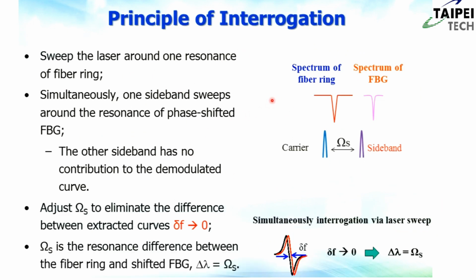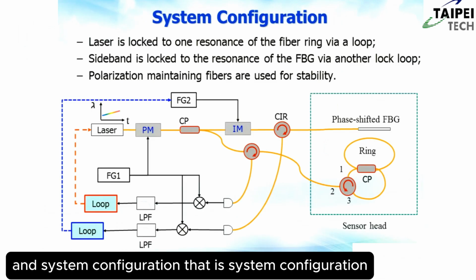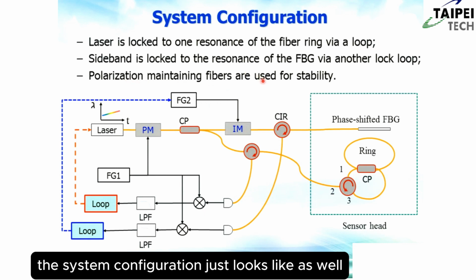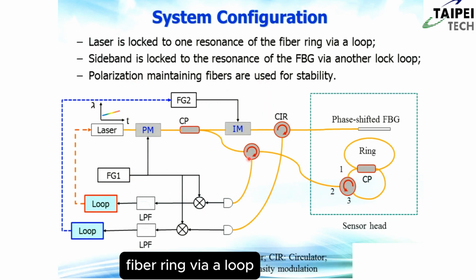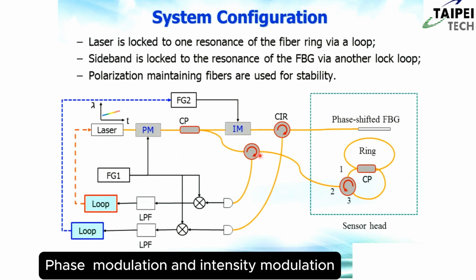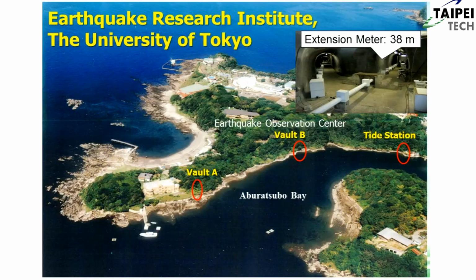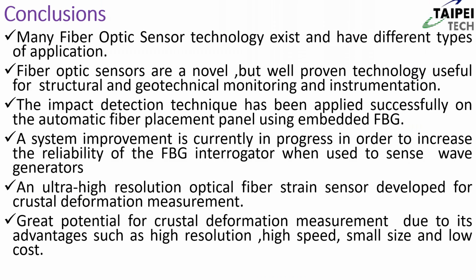The principle is, as we have observed, the spectrum of the FBG and the spectrum of the FBG ringing. There is also the system configuration, where we implemented a function generator, coupler, circulator, phase modulation, and intensity modulation. This is from the Research Institute at the University of Tokyo in Japan.